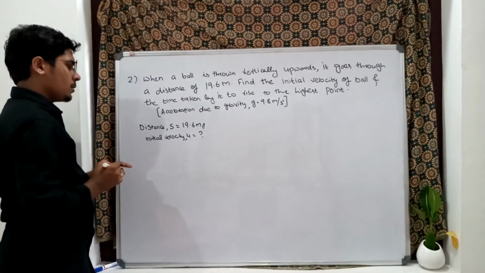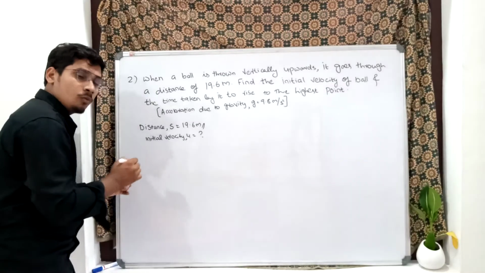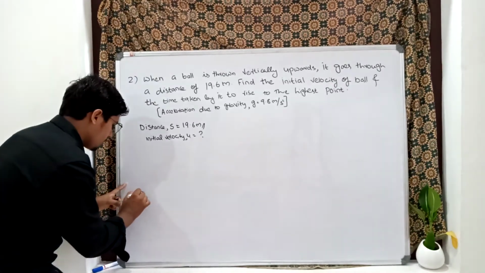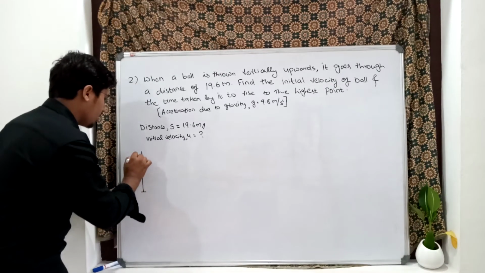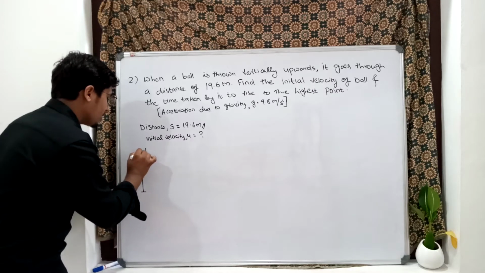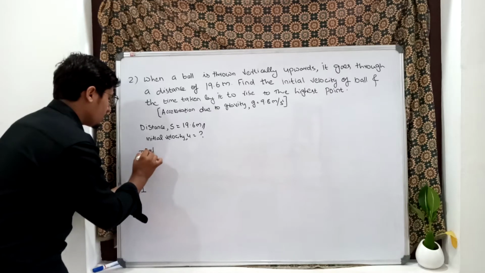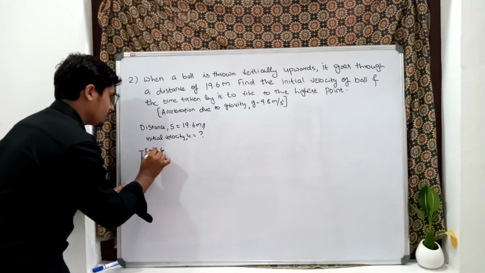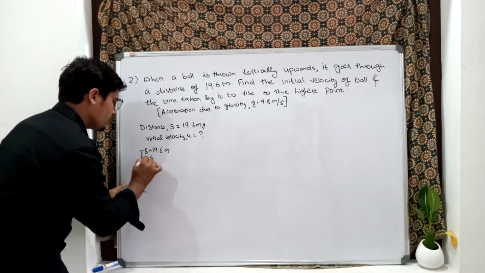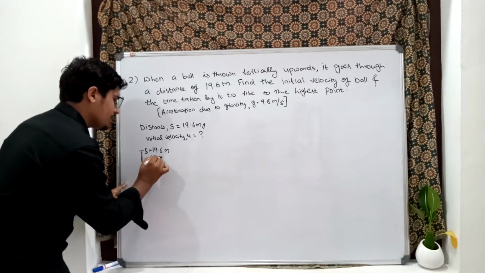Also we know that when a ball is thrown upward to a height s equal to 19.6 meter, the final velocity will be 0.